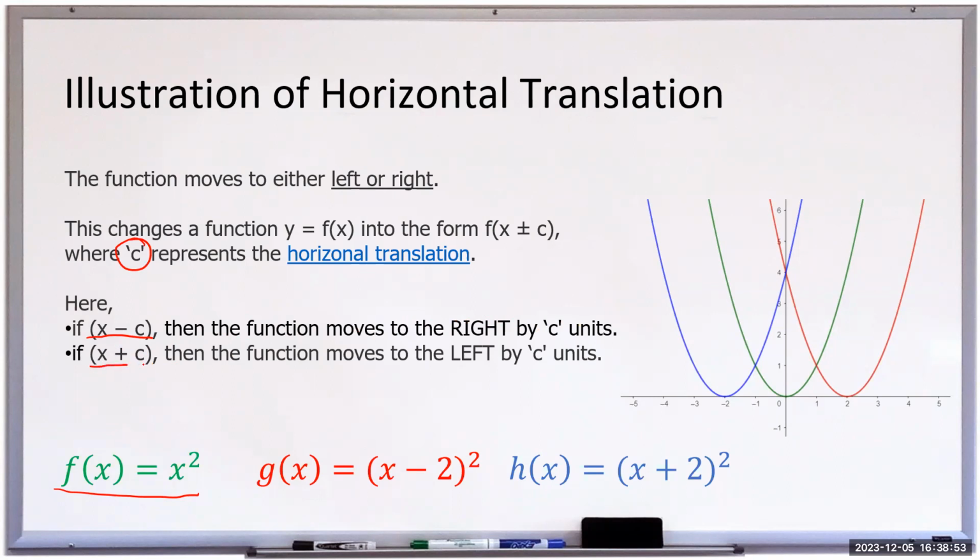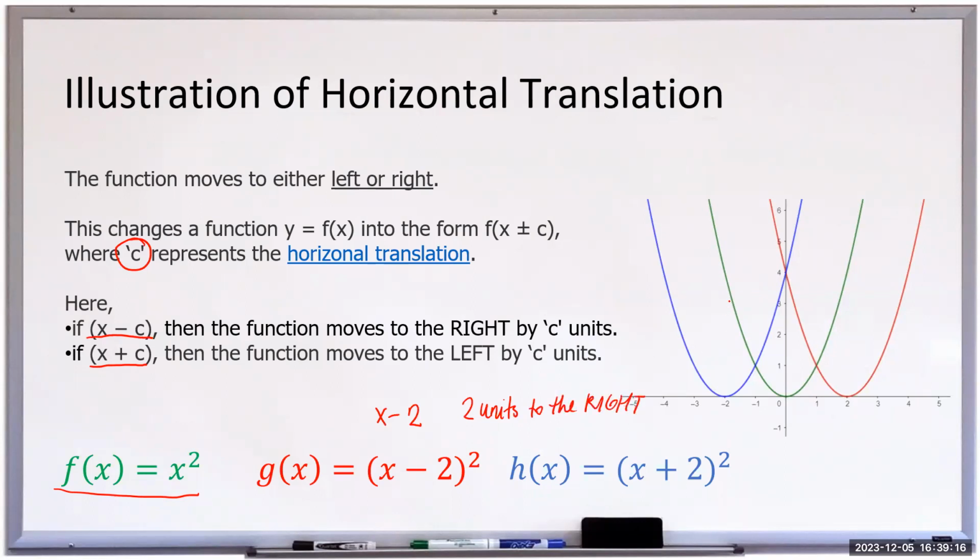And if our input is x plus c, then the function will move to the left. So for example, for g of x, we have here x minus 2. So minus 2, therefore we move 2 units to the right.